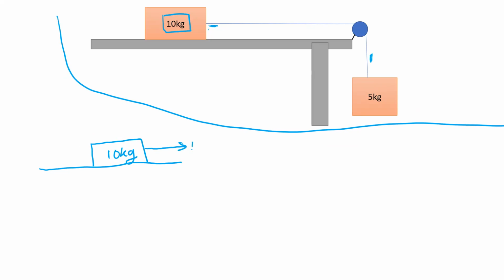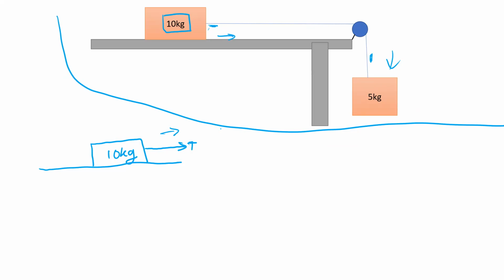And this will be the tension acting, because the block will tend to move towards the right side and the other block will tend to move downwards. And that is why the tension will act towards this direction. So we considered the 10 kilogram mass alone, and the resultant force is given by the tension of the string.